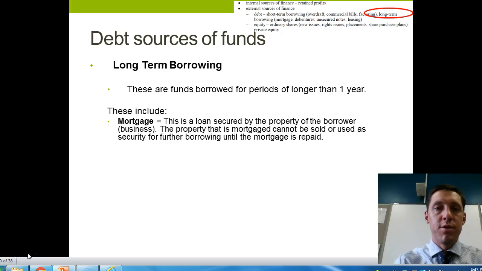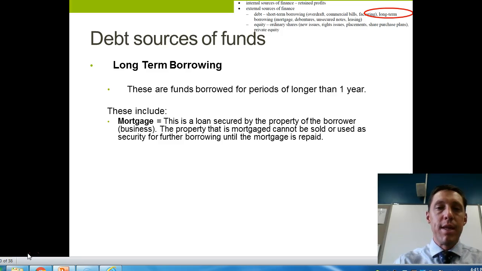house or unit, etc. The reason a mortgage attracts the lowest rate of interest is because it is attached to that collateral, whereas a lot of other sources of debt finance aren't attached to collateral, so that being a property, and therefore they attract a higher rate of interest.